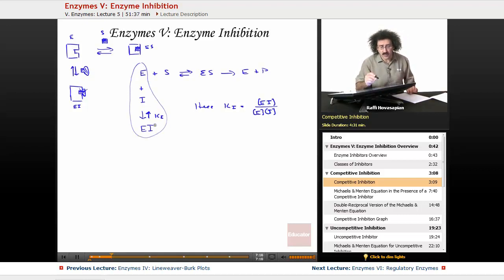It is the dissociation reaction for the enzyme inhibitor complex, okay? Products over reactants. These are the reactants. This is the product. This K sub I is the equilibrium constant for the formation of enzyme inhibitor complex, or it's the dissociation constant, if you will, for this complex, depending on which direction you want to take it. It's just an equilibrium complex, okay? It will show up a little bit later, but we're not really going to be doing too much with it. It's just something that you should know.